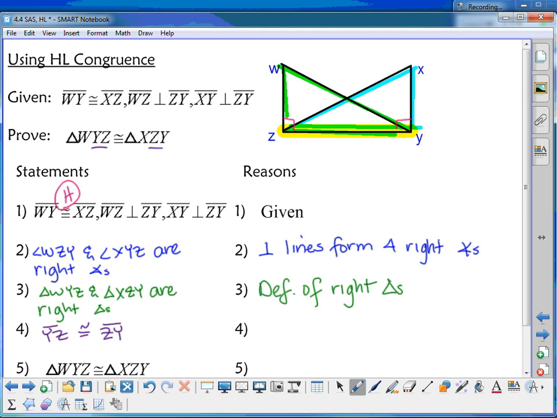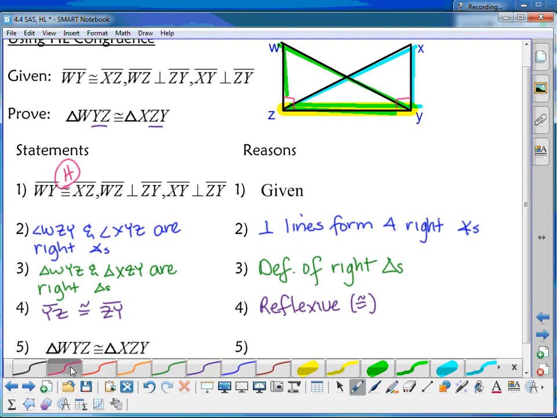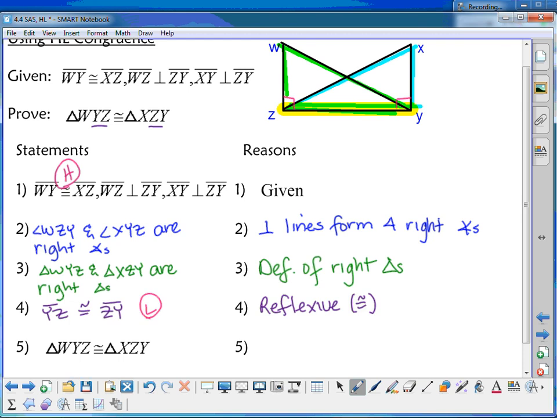And so again, that's the reflexive property for congruence. And so now that's my other leg, or the only leg that's congruent in this. So now by hypotenuse leg, I can say that triangle WYZ is congruent to triangle XZY.